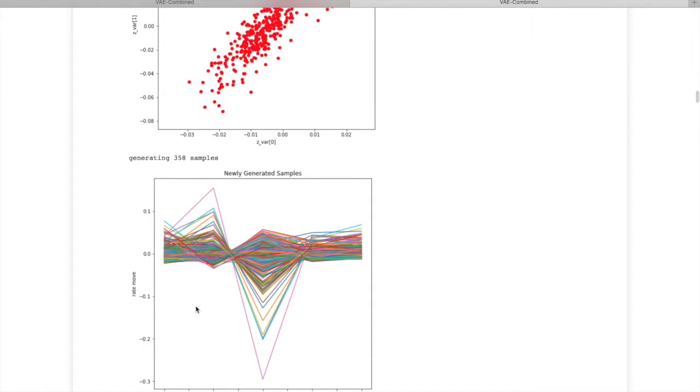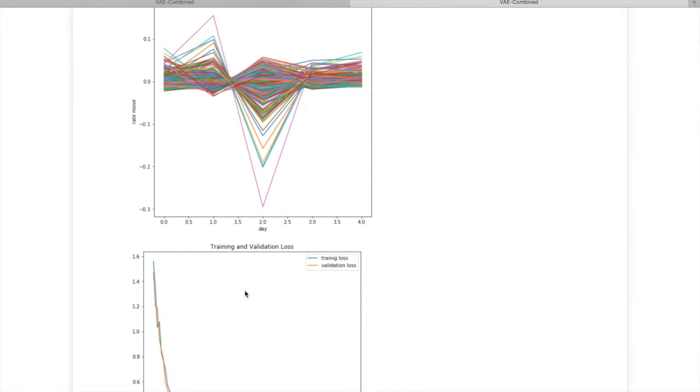We can see some of the newly generated sample paths within a given regime. And we can quickly note that these paths look pretty similar within a given regime, but then when we scroll to other regimes, we'll see that they look quite a bit different from this regime.